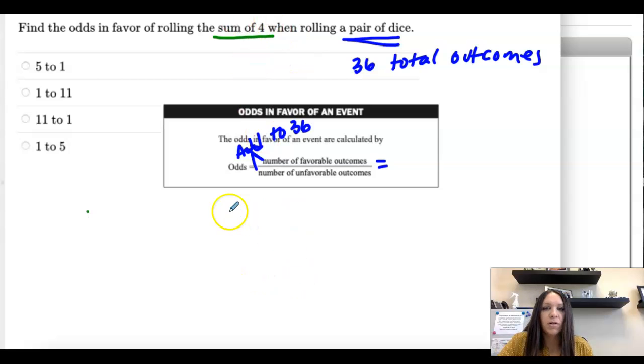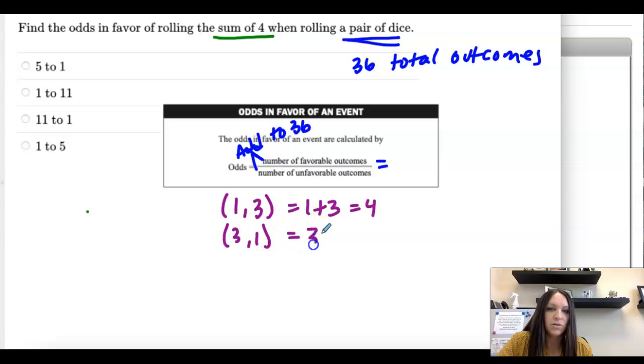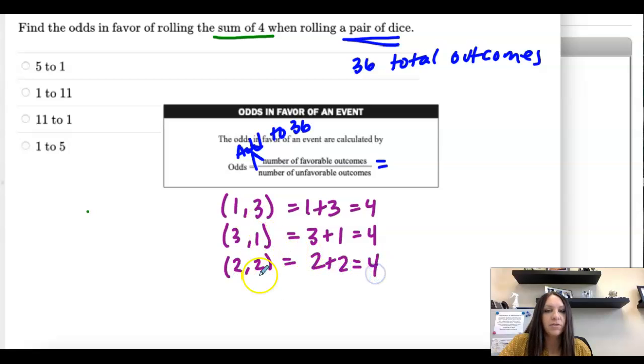I know if I roll a 1 and a 3, those add to 4. If I roll a 3 and a 1, yes, those are two different rolls. First dice, second dice. Those add to 4. And then a 2 and a 2. This one I don't have to write twice because it's the same number. So that's 3 different ways to roll a sum of 4.